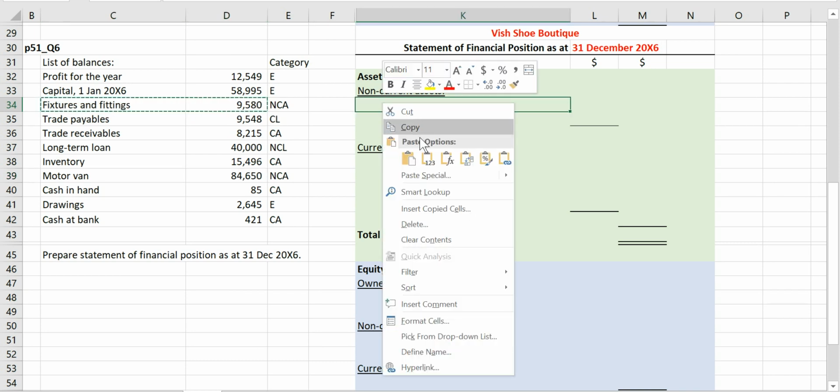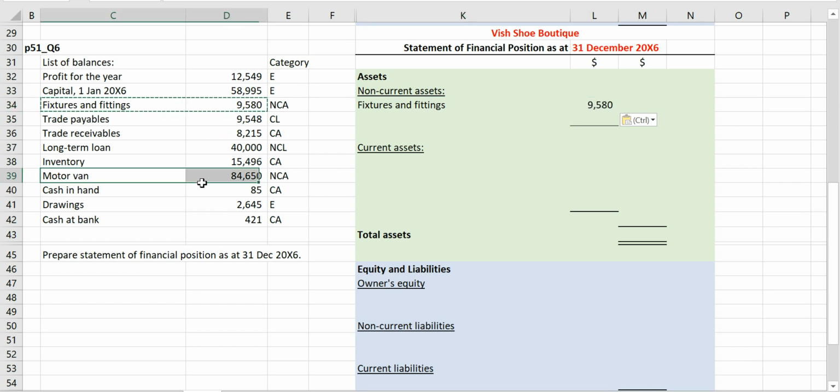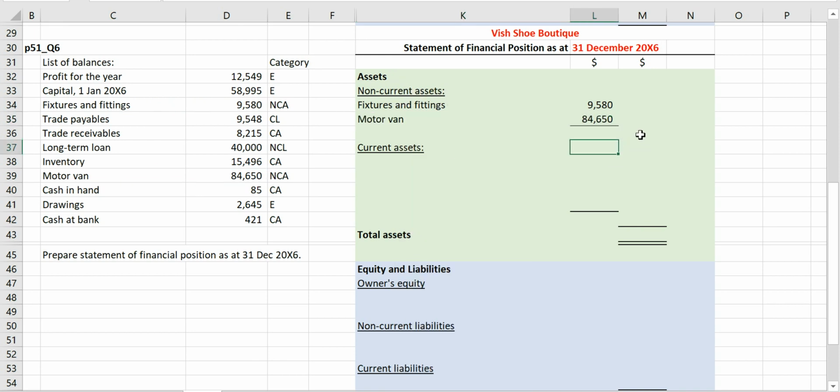First one, fixtures and fittings, second is your motor van. Now the combined value we will put in column M. So we have $94,230 worth of non-current assets.